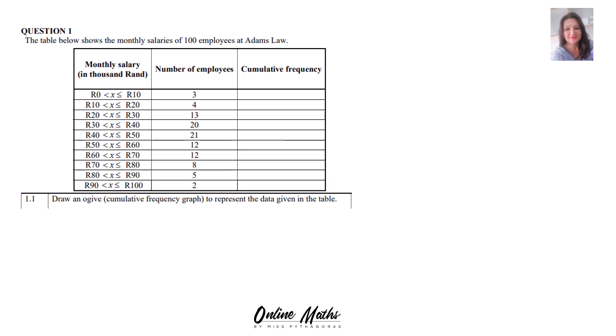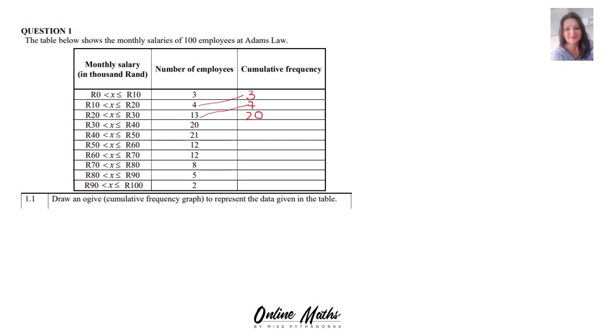The very first frequency, you write that one down, and then for the cumulative frequency you say 3 plus 4 is 7. For the next one, 7 plus 13 is 20, and you can carry on.